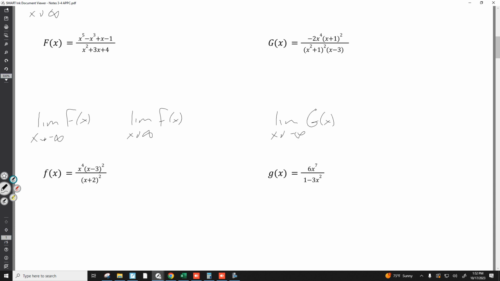Honestly, it takes longer to write the limit statements correctly than it does to figure this stuff out. I know, but do it. And make sure the x approaches and the value is underneath the lim. You guys are sloppy.